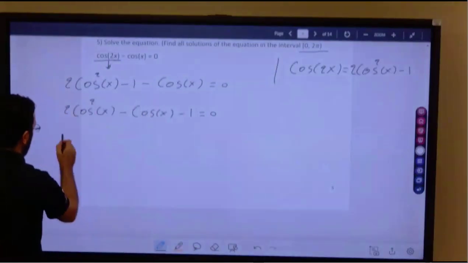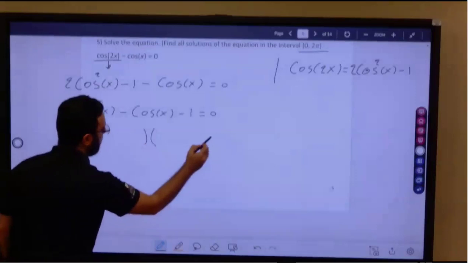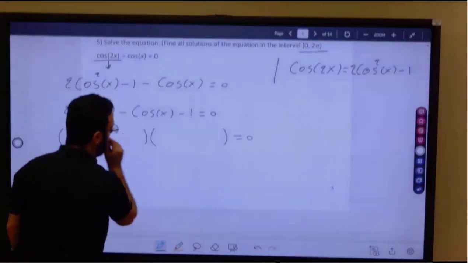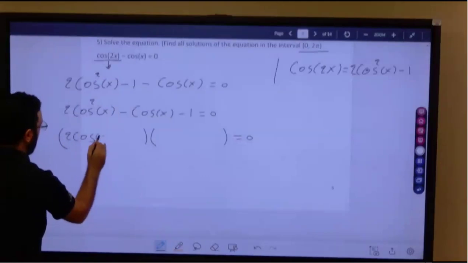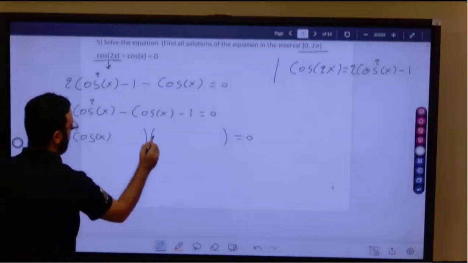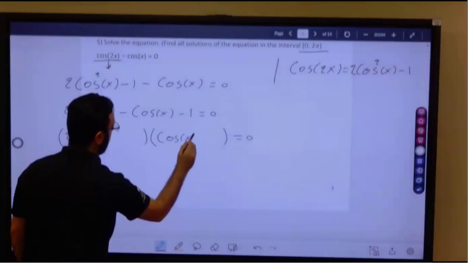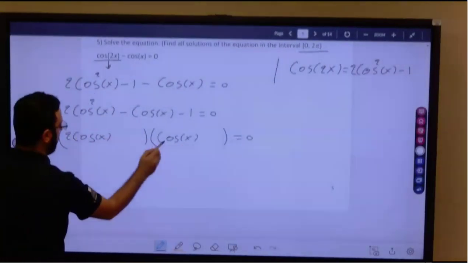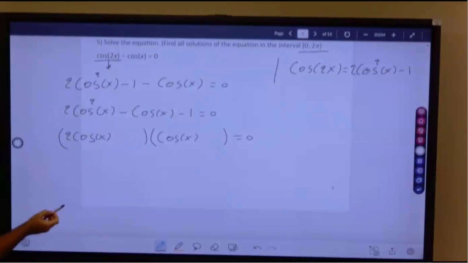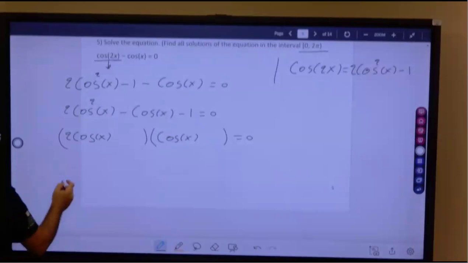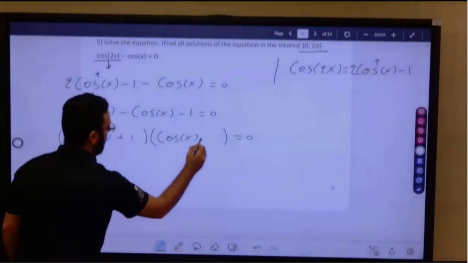Now we're going to factor this one. So I'll put 2 parentheses, and we'll put the 0. And I have 2 cosine x here and cosine x here. 2 cosine times cosine, 2 cosine squared. And then we have minus 1, so we're going to put plus 1 here, minus 1 here.